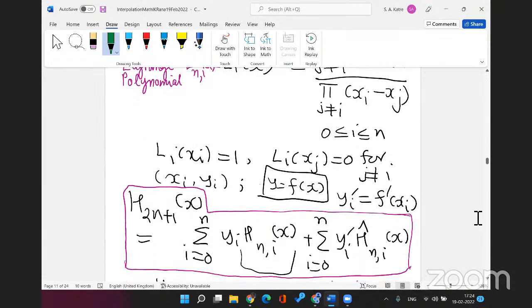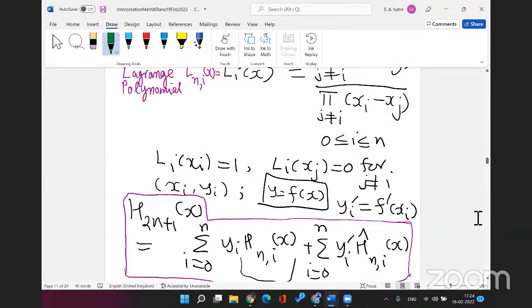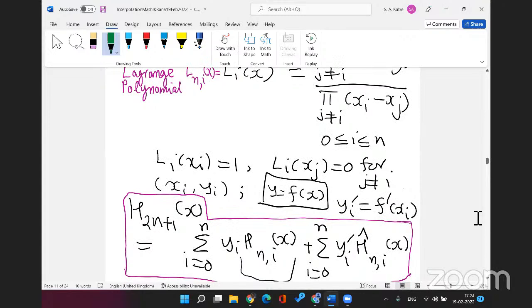That's why this is very important in computer-aided geometric design. And the answer of Hermite, as you will see, is this H_{2n+1}, because this is a polynomial of degree less than or equal to 2n+1.